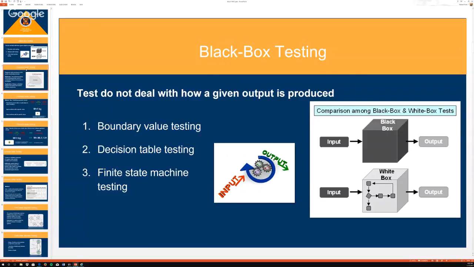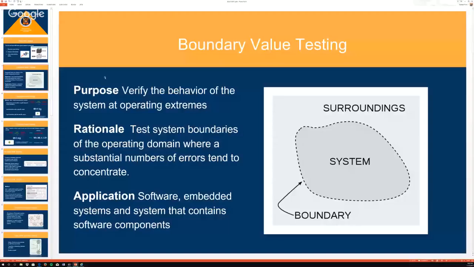So the boundary value testing, the purpose is to verify the behavior of the system at operating extremes or at the boundary that we have.